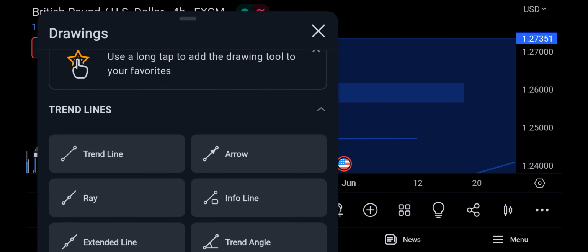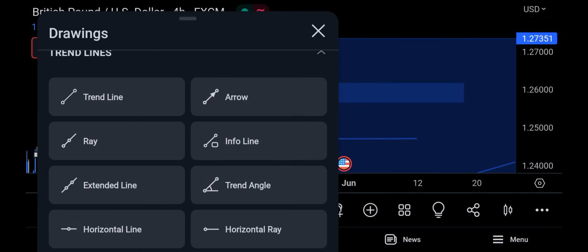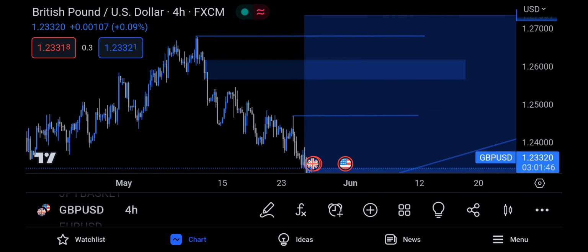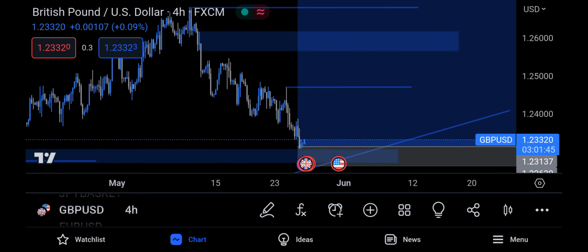Then these highs as well. We have it here as well. So those are possible TP areas that we should expect price to react to.